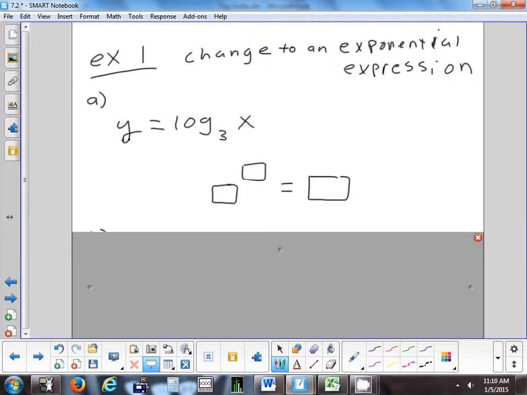Shelby, what's my base in the original problem? 3. So everyone agreed earlier, the base is the number that we write lower. Okay, next I need to figure out what my exponent is. Sam, what's my exponent here? Y. Yeah.